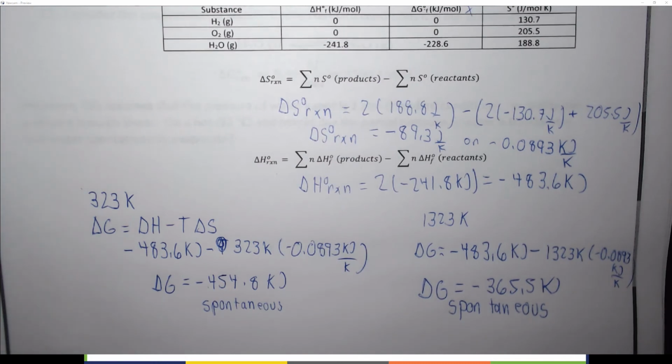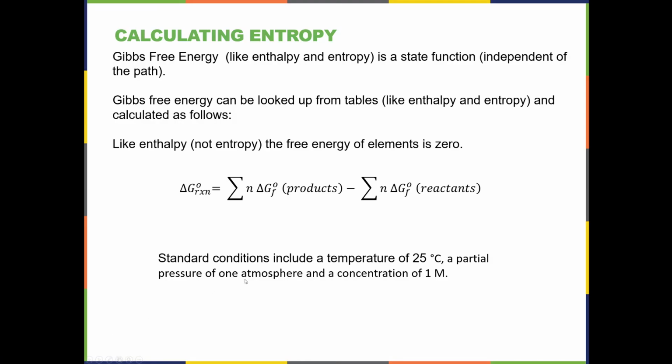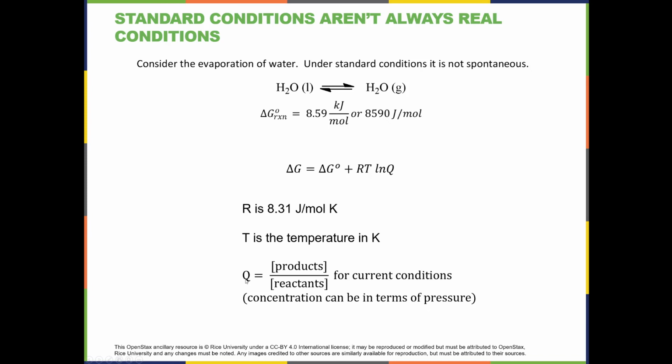So in the last section, what we want to look at is standard states. And it turns out that standard states become quite important for something like evaporating water. So if we consider the evaporation of water in the standard state, the delta G of the reaction for water liquid to water gas is 8.59 kilojoules per mole.